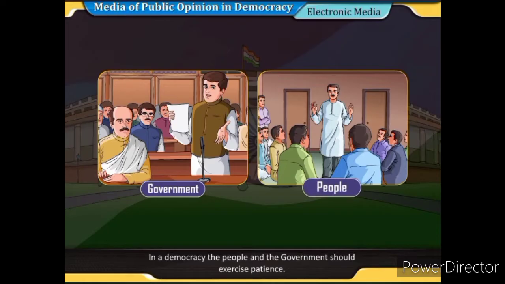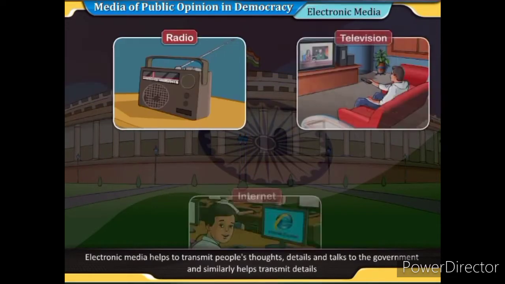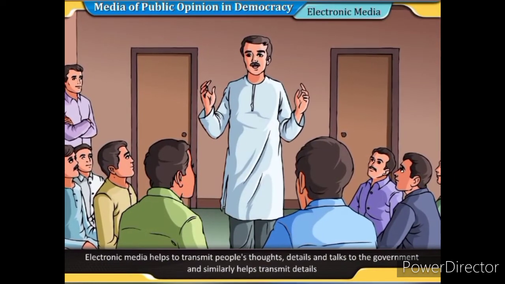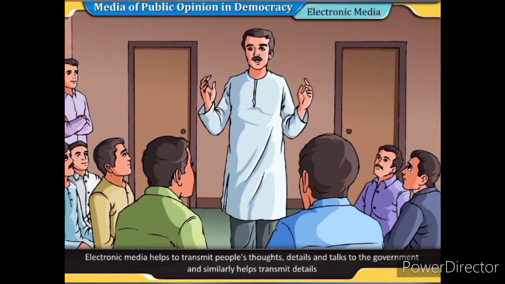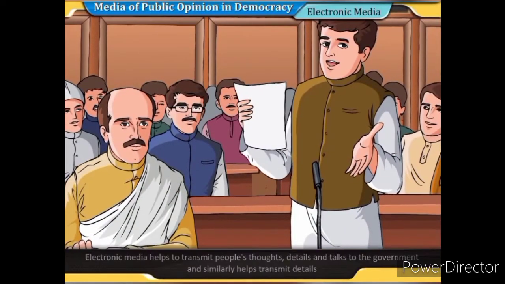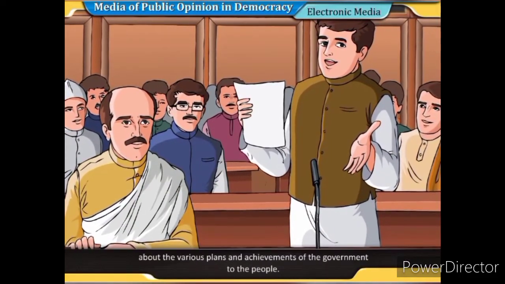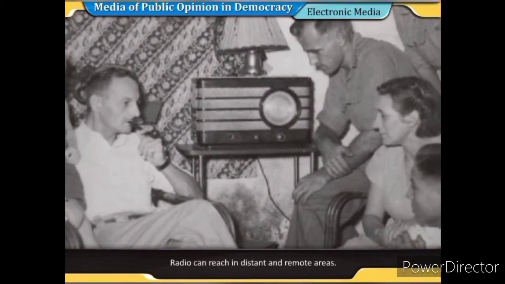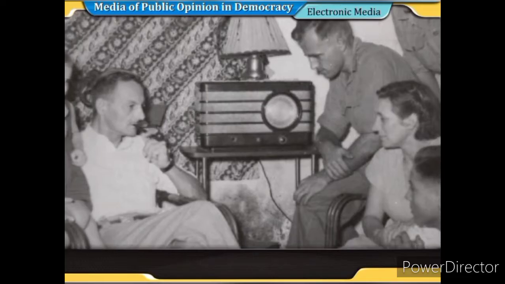In a democracy, the people and the government should exercise patience. Electronic media helps to transmit people's thoughts, details, and talks to the government, and similarly helps transmit details about the various plans and achievements of the government to the people. Radio can reach in distant and remote areas.